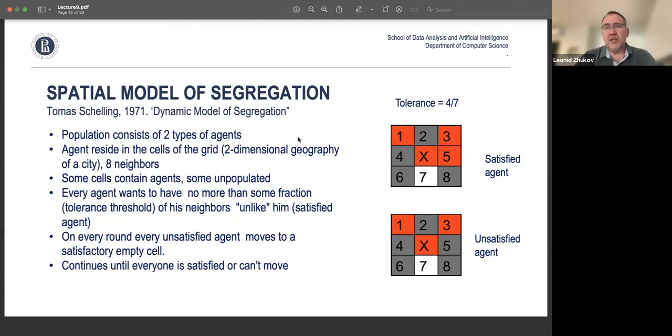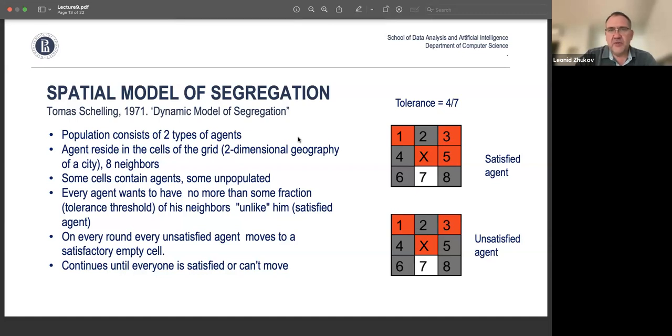So what's his model? Well, his model is very simple. Assume that we live on a grid, and it's a housing market, and sometimes this is called the housing market simulation, where houses are located on the grid, and the population consists of two types of agents, here red and black.